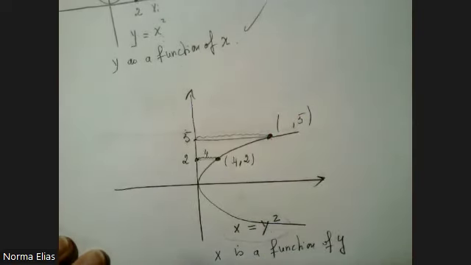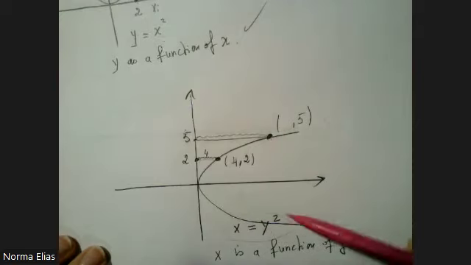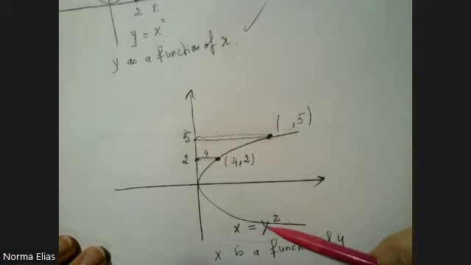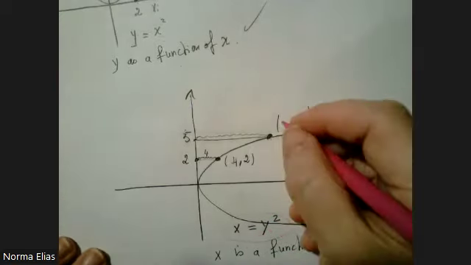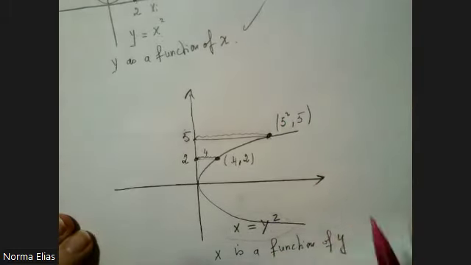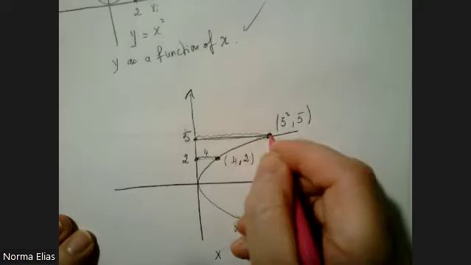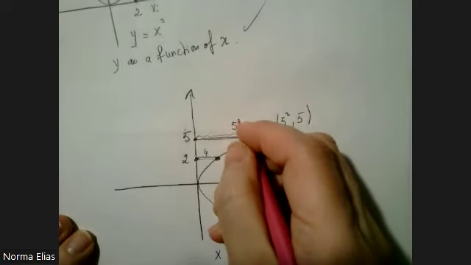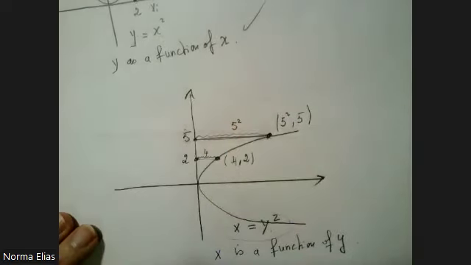How much do we have from here to here? Remember, 5 squared. Exactly, it means I have 5 squared. But in the graph, what does 5 squared represent? It's from here to here, this horizontal distance. This is the 5 squared. Is that clear here?